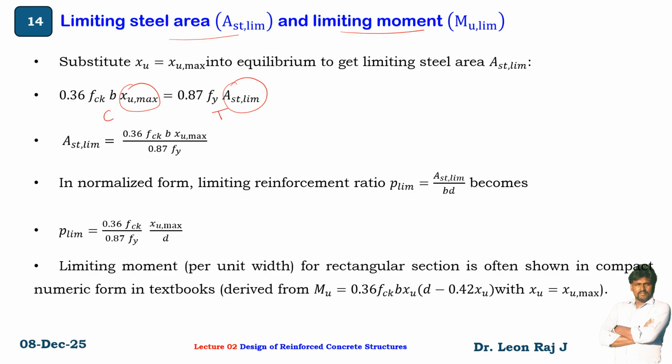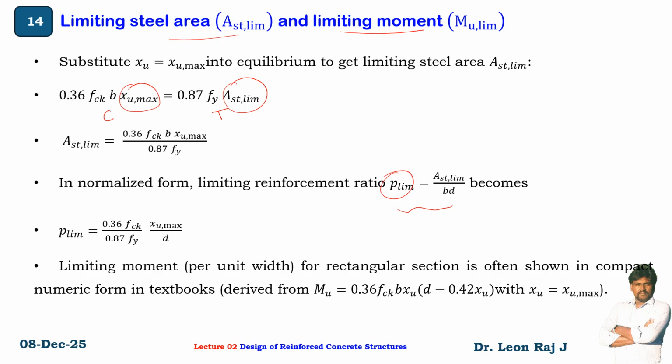So the limiting Ast equals 0.36 fck b into Xu max divided by 0.87 Fy. In normalized form, the limiting reinforcement ratio p limit is the limiting tension reinforcement. So p limit equals 0.83 fck Xu max by D divided by 0.87 Fy.